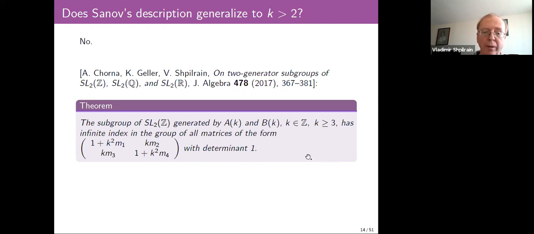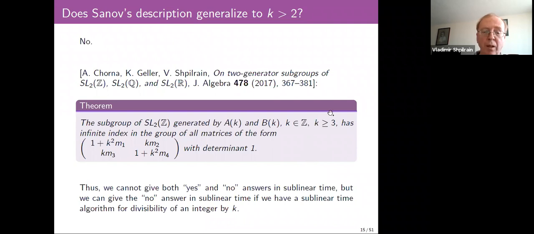And checking whether a matrix is of this form, again, amounts to checking divisibility of integers, this time by some k greater than 2. And again, it just reduces to the problem of divisibility of a decimal integer by a certain k.